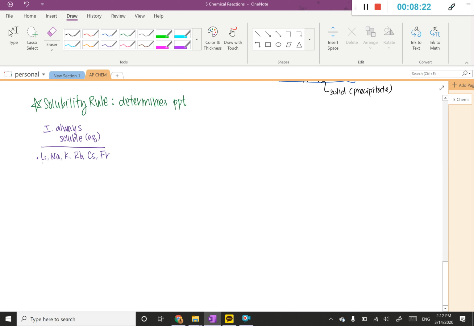The way I memorize it is Lena. Lena is very slutty, and so we don't ever get in a solid relationship. So she's always looking around for a new partner, okay? So that whole column, the Lena column or the first column of the periodic table, is always going to be aqueous.